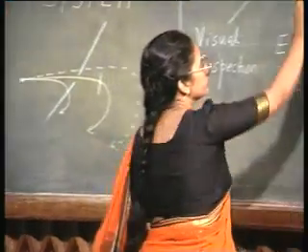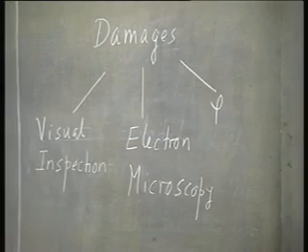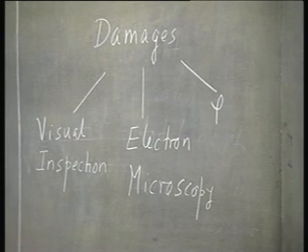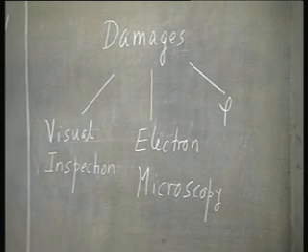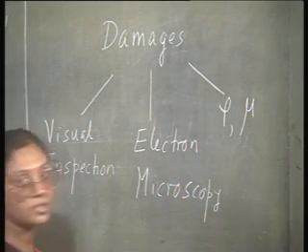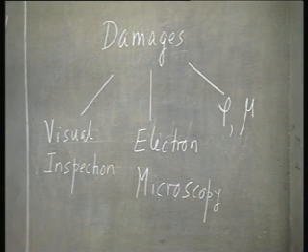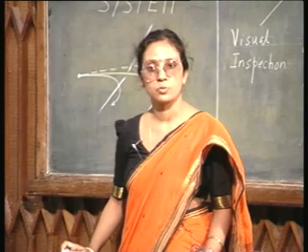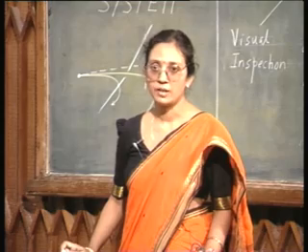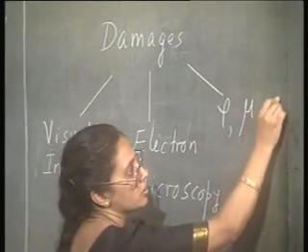So, change in conductivity, and then in a damaged surface, the mobility is also going to be extremely low. So, mobility is the second casualty, and finally, the lifetime, that is the third casualty.